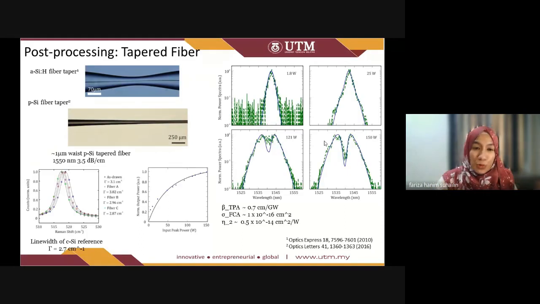Then the idea of post-processing the optical fiber came to me, where we can induce a longitudinal variation to the cylindrical shape of optical fibers using the tapering method, where you can reduce the core size from 10 micron in diameter to around 1 micron in diameter. When I measured, the smallest tapering that I achieved is around 900 nanometers core size.